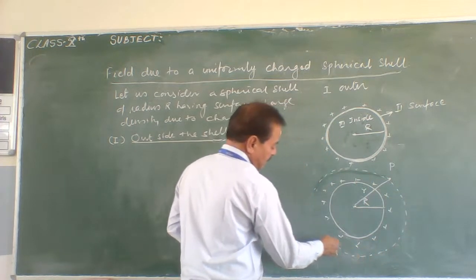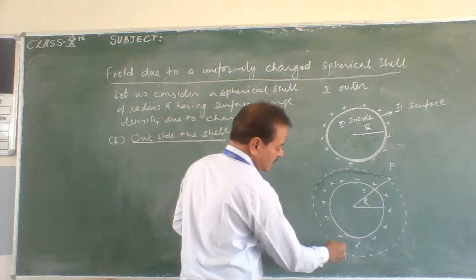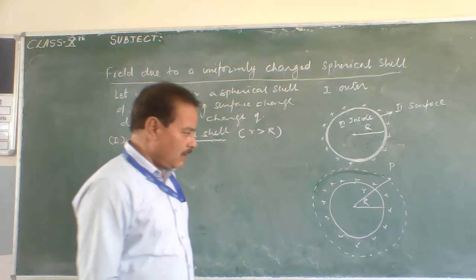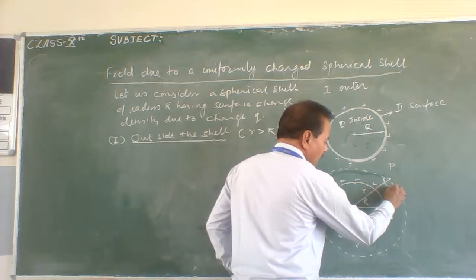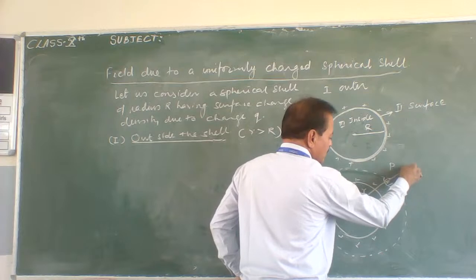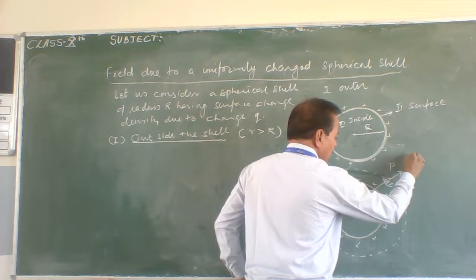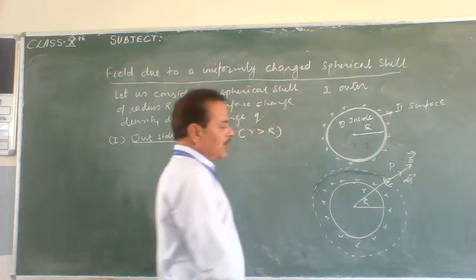concentric sphere like this one. It is going to be a concentric sphere of radius r, at which we have the surface element ds, and the direction of E is perpendicular to it.